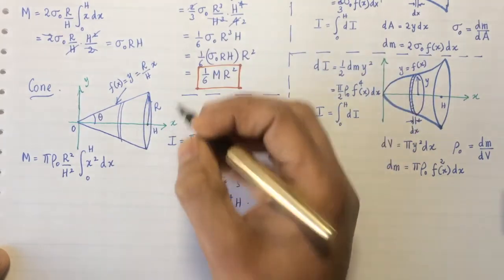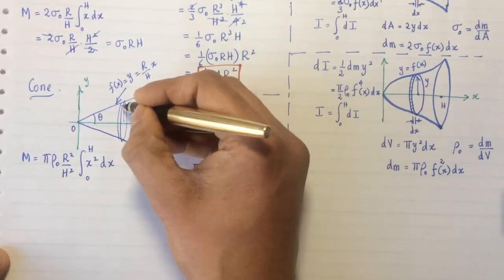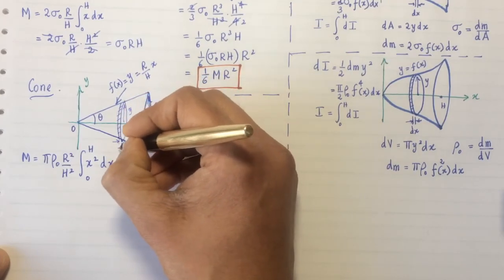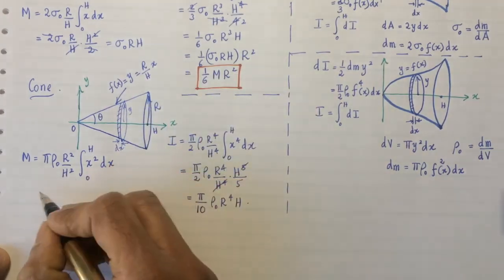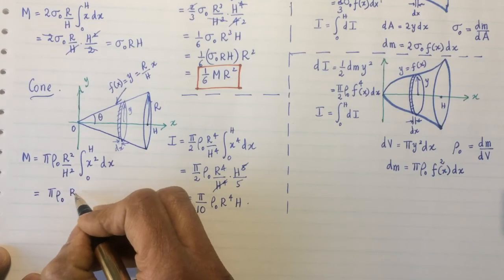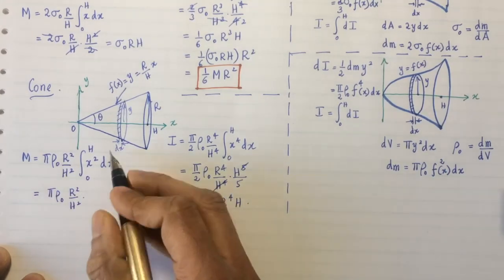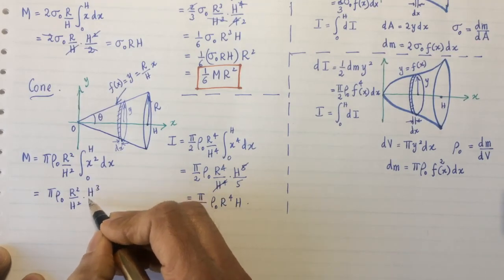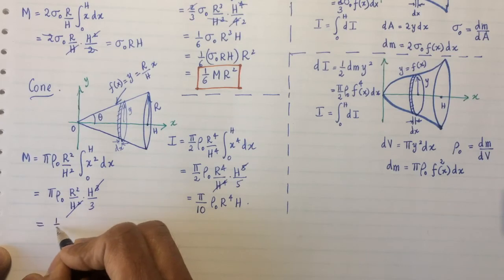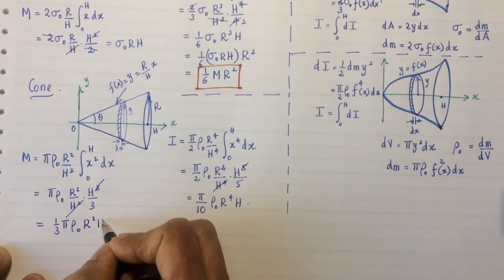So same as that. Let's evaluate this. That's going to be pi rho naught r squared over h squared. The integral of x squared is x cubed over 3, so that's going to be h cubed over 3. So this is 1/3 pi rho naught r squared h.